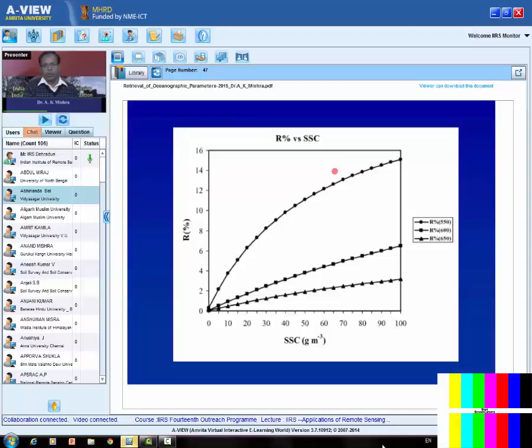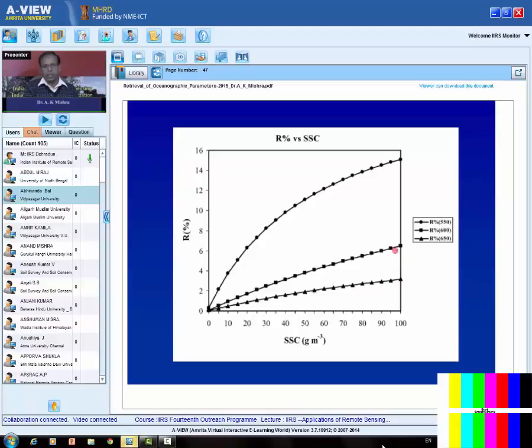So one such exercise we had taken to retrieve the suspended sediment concentration using IRS-1 SeaWiFS data, where we have taken the red band into consideration, which is showing a linear relationship: as the suspended sediment concentration is increasing, the reflectance is also increasing in a linear way.